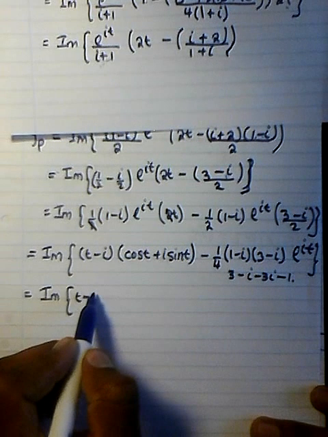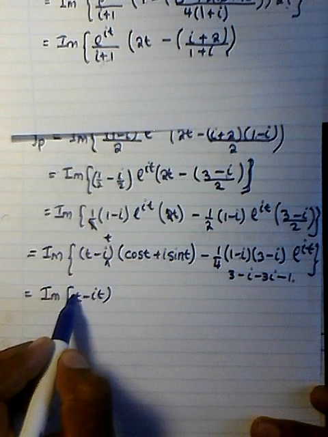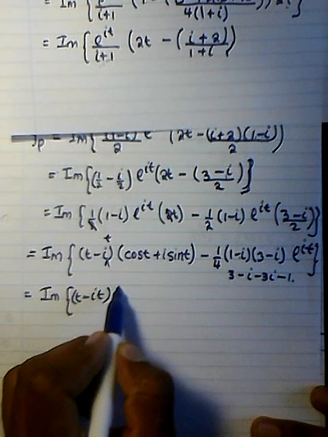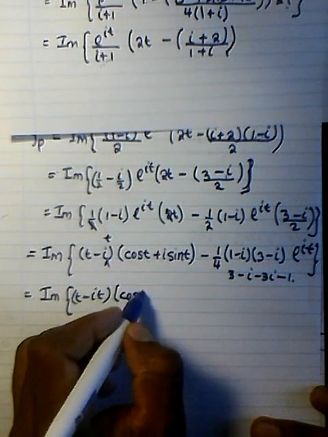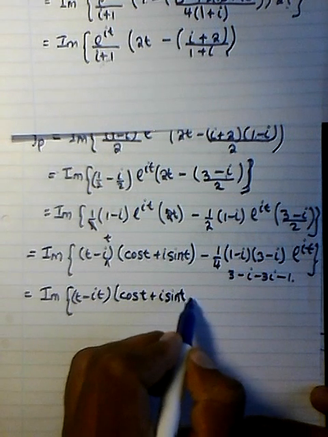t minus i times e to the it. Okay, I forgot the t here, there is a t here. t minus i, cos of t plus i sine of t.